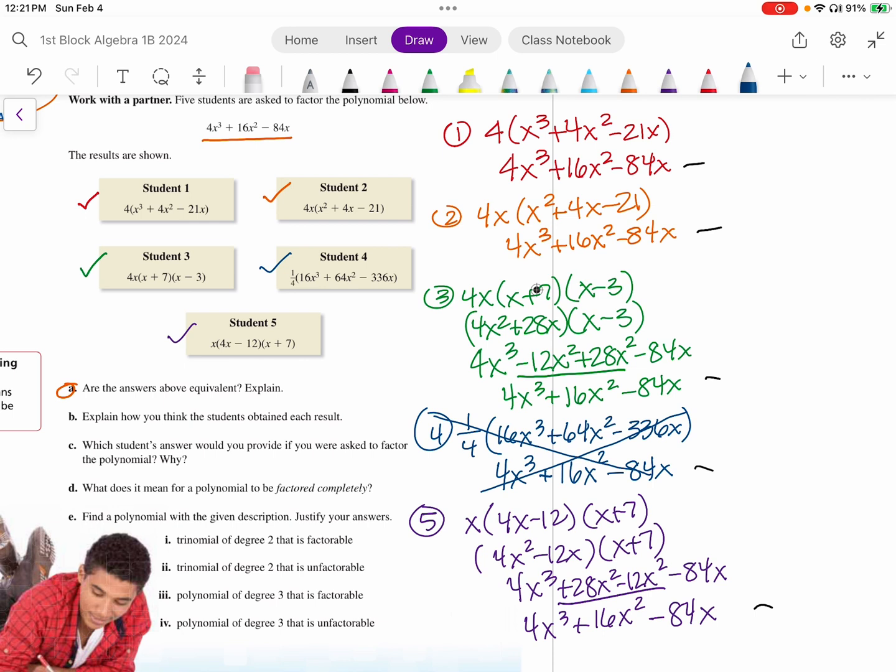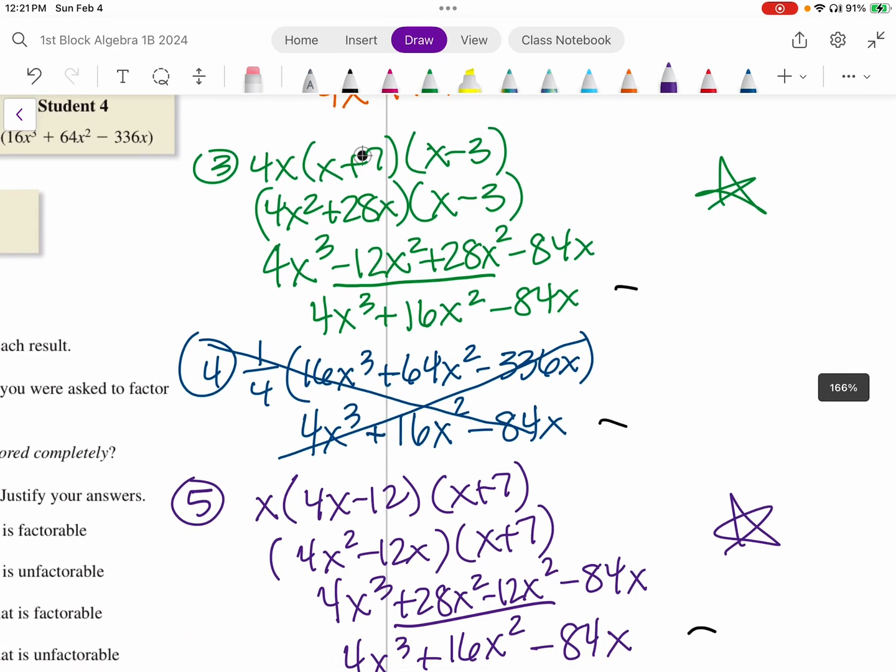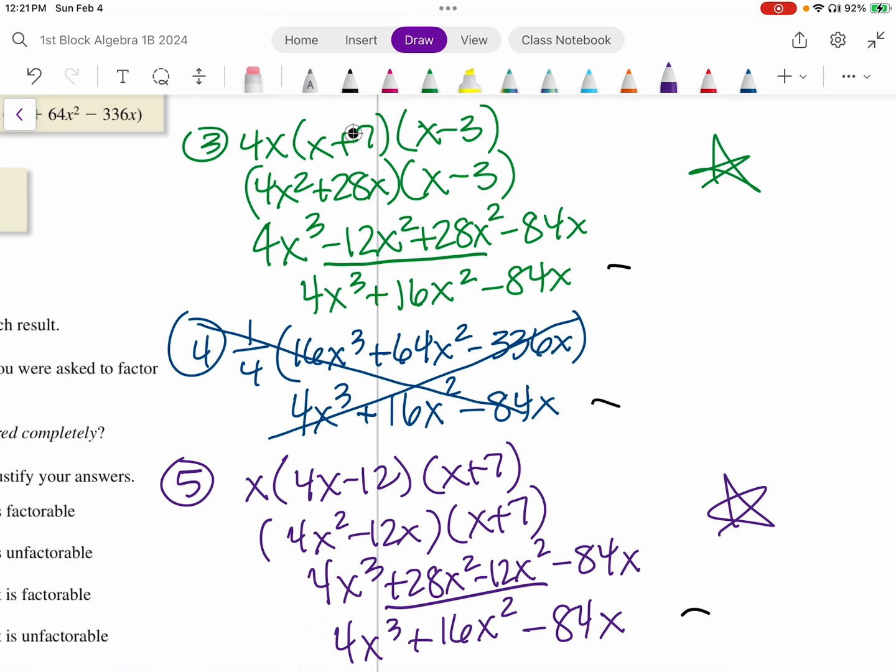So I would venture to say that student 3 and student 5 actually factored more completely. If we evaluate what student 3 did versus what student 5 did, we see that student 3 factored out 4x, whereas student 5 only factored out x.